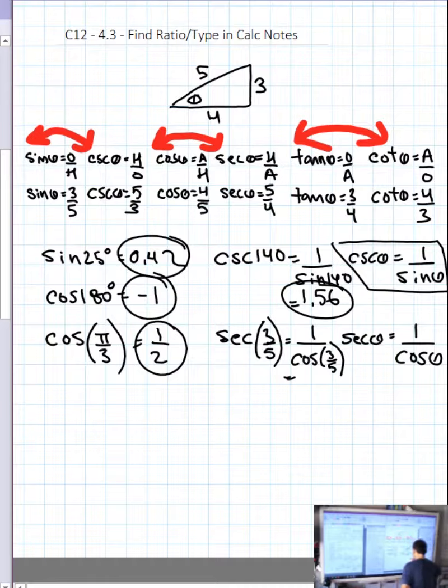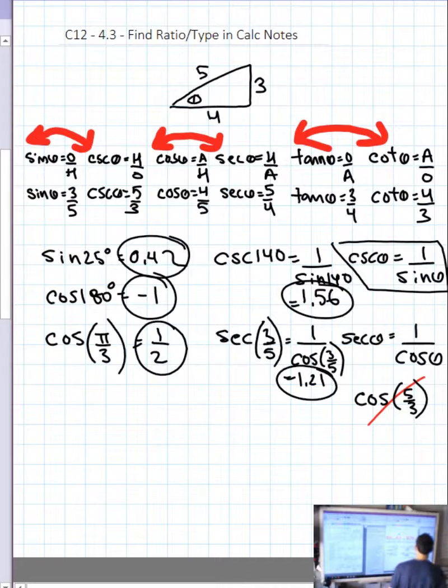Not secant, it's not cos of 5 over 3. Some people think that you flip the angle. You don't flip the angle, you flip the ratio. And I know that 1 divided by the cosine of 3 over 5 is simply 1.21.